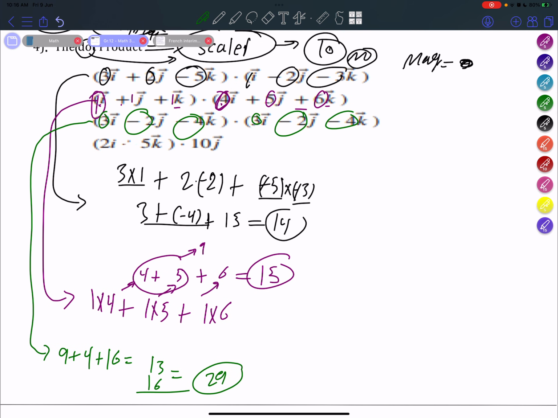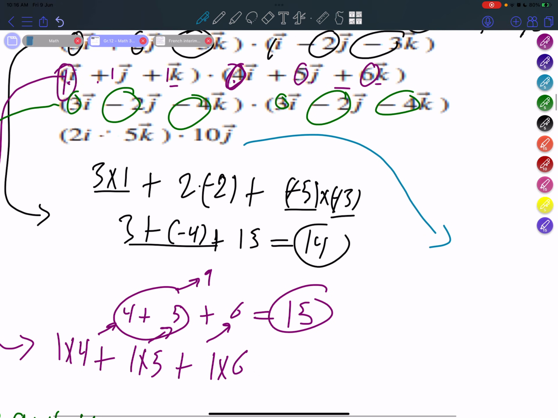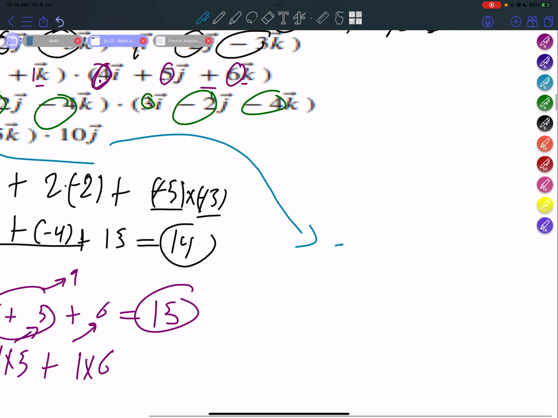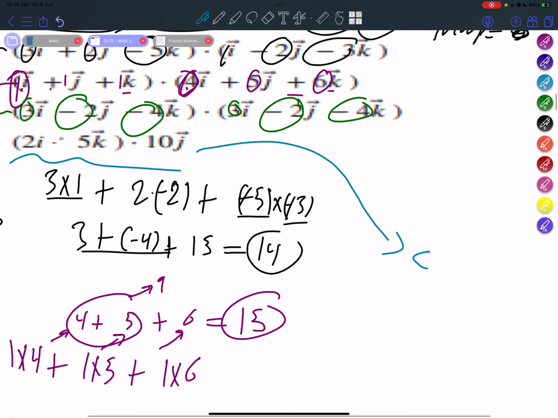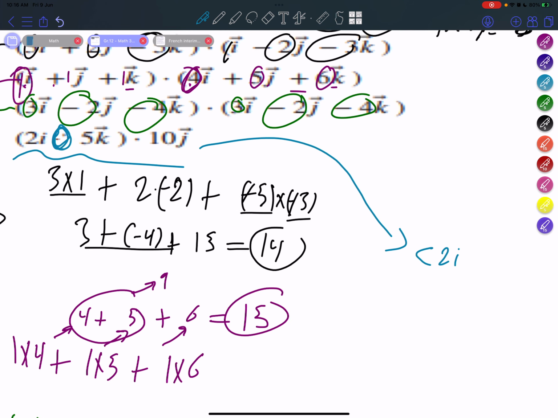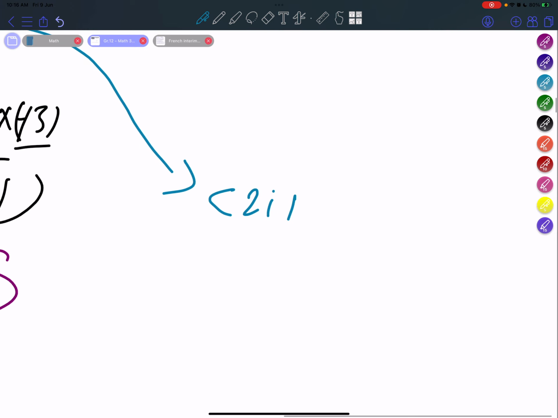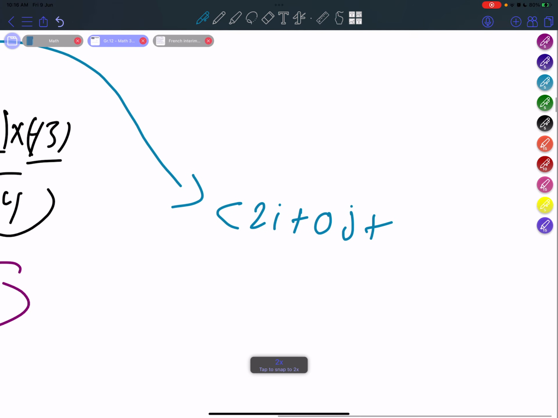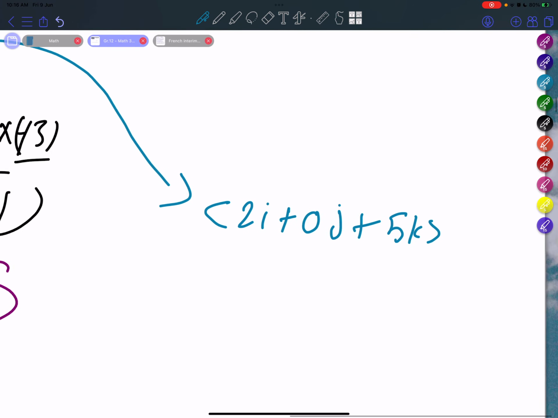Finally, moving on to the last question, and it is tricky because we can write it in a different way to make more sense, and be more obvious to us. So we can write it in this way. 2i plus, here should be j, but there's nothing, so we'll say plus 0j, and then plus 5k.